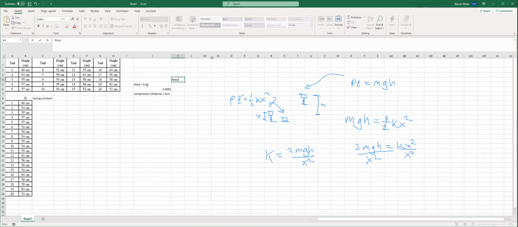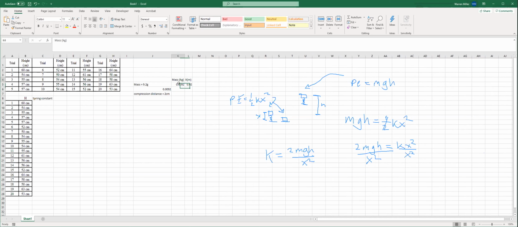So the mass is in kilograms, and it's 0.0092, and then the x value is equal to 0.02 in meters. And then once we have this, we have to name this.